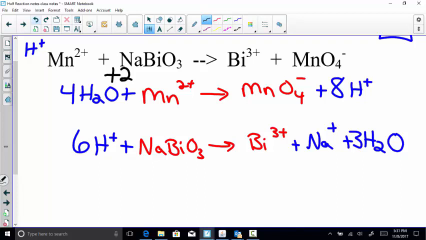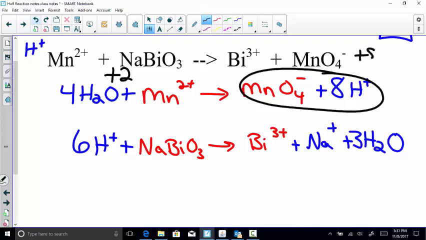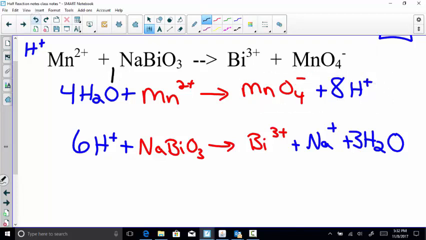Now over on the right side of this equation, I have a +8 from the hydrogens, and then I have a -1. So the net charge over here is +7.